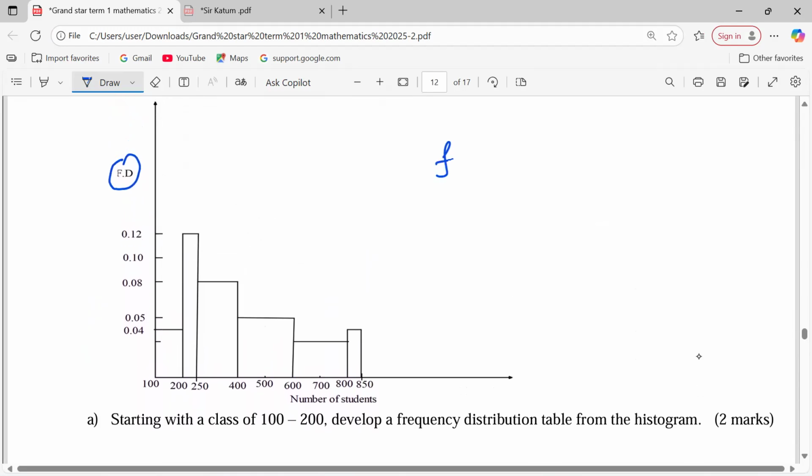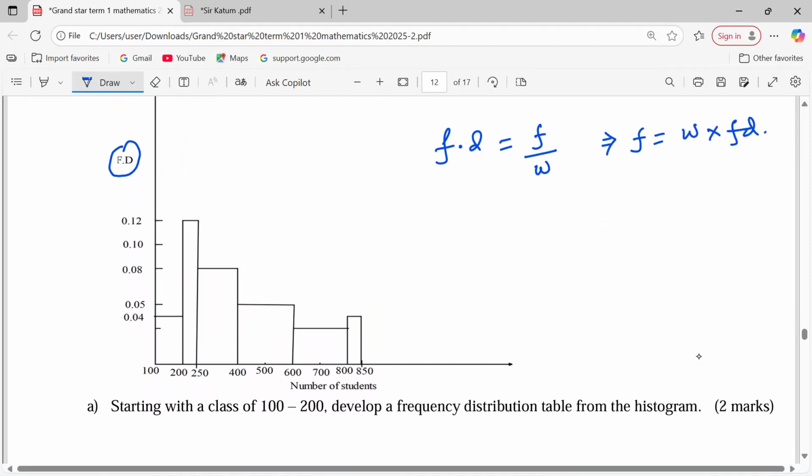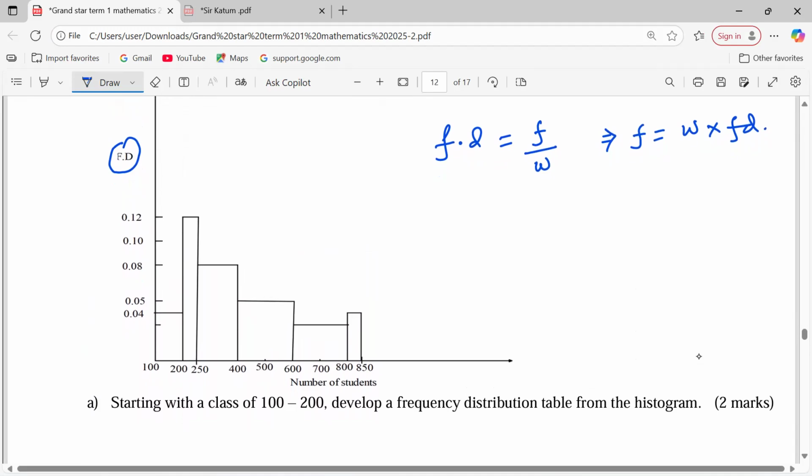Frequency density is calculated as frequency over class length, meaning that frequency can be recovered by multiplying class length times frequency density.